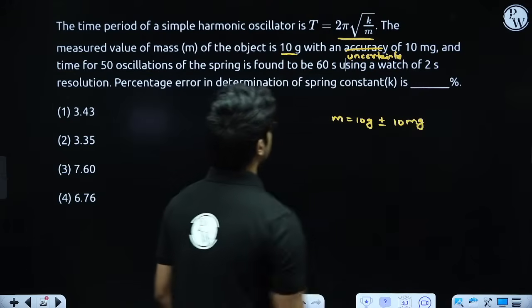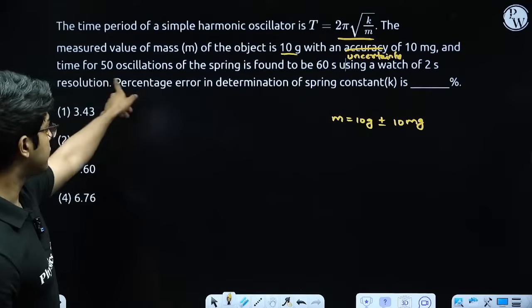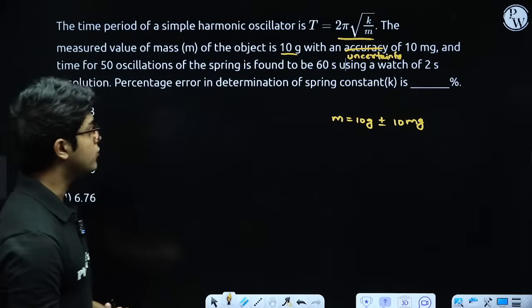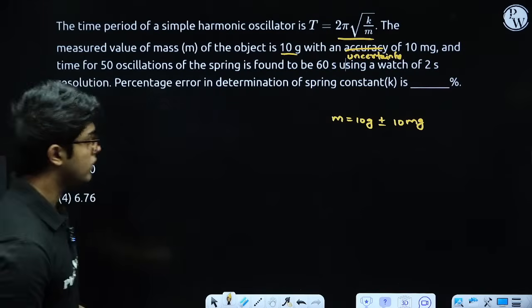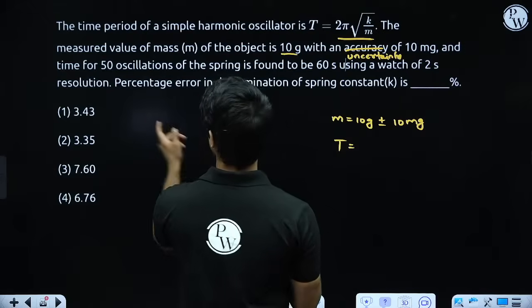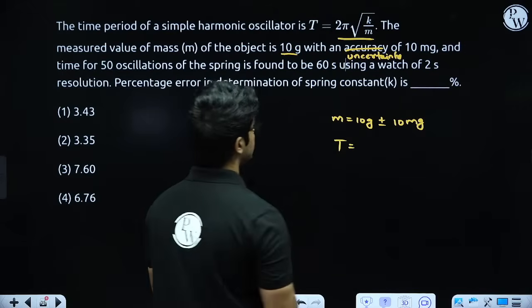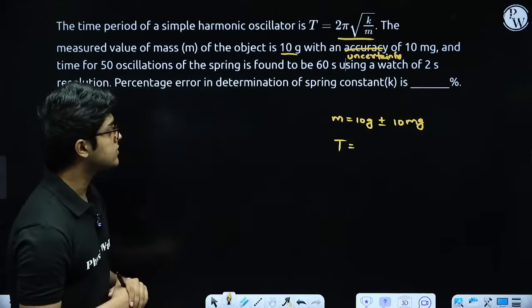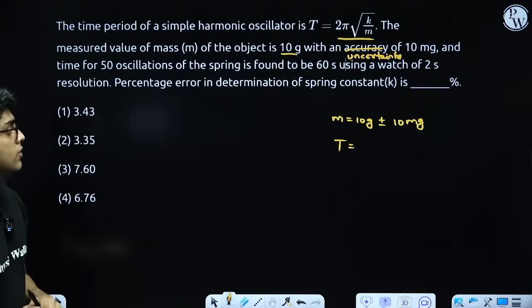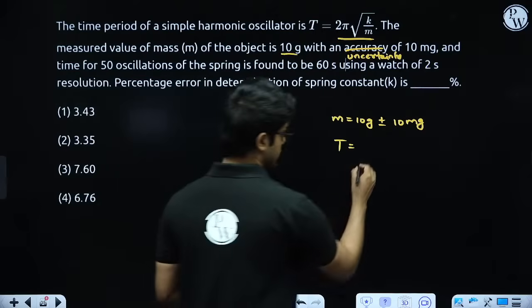Now the time for 50 oscillations of the spring is found to be 60 seconds using a watch of 2-second resolution. So the time period of one oscillation is going to be 60 divided by 50, right? 50 oscillations took 60 seconds, so one oscillation takes 60 by 50, which will be 1.2 seconds.